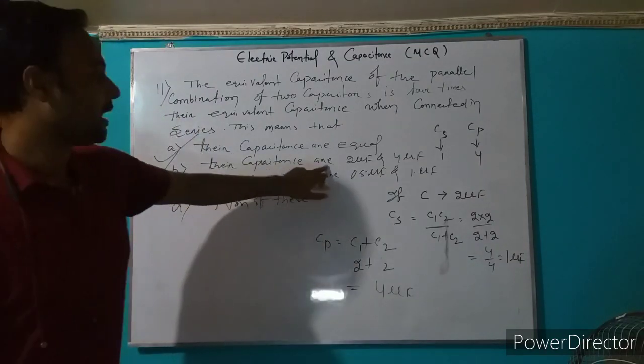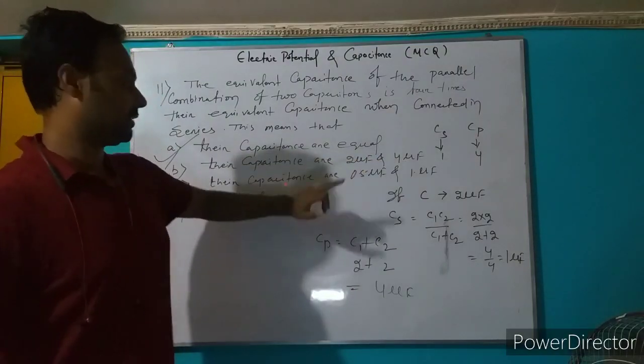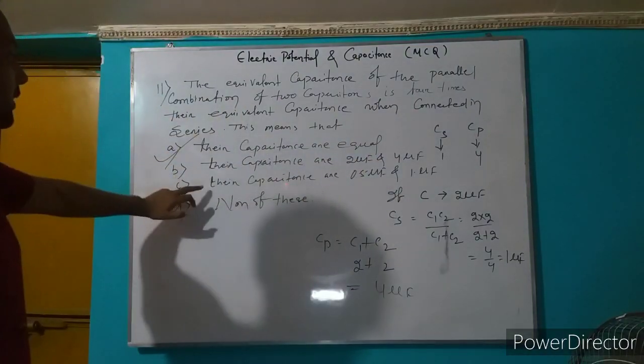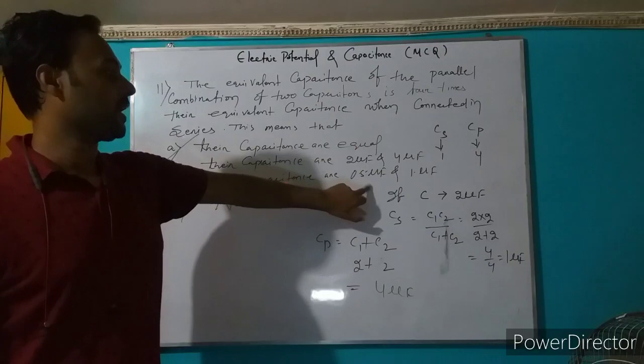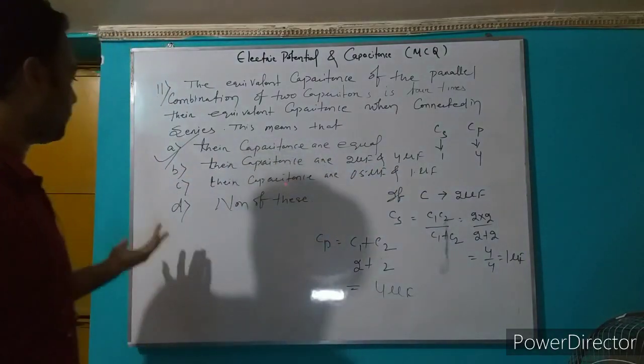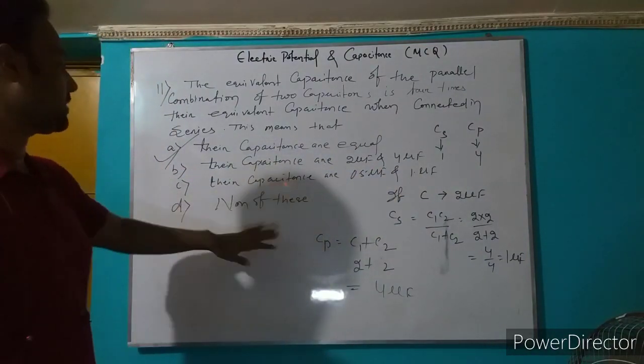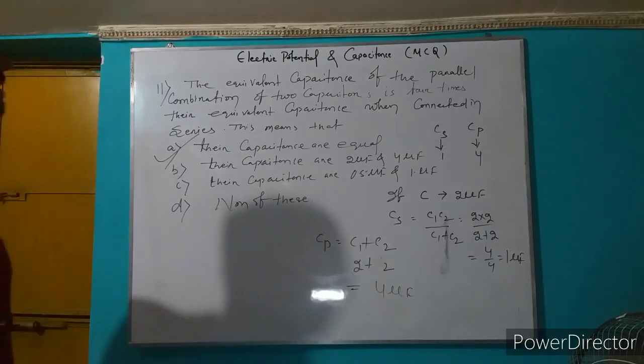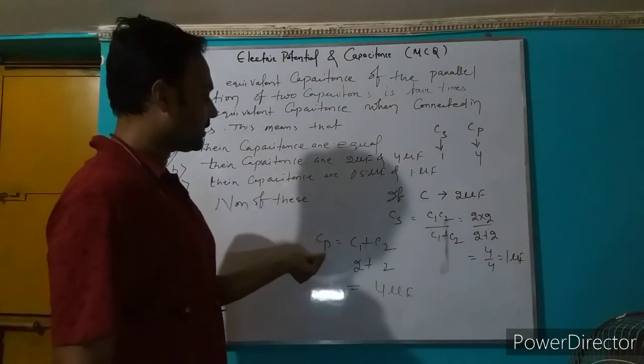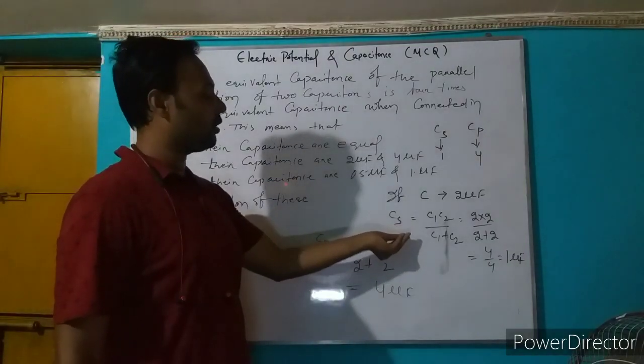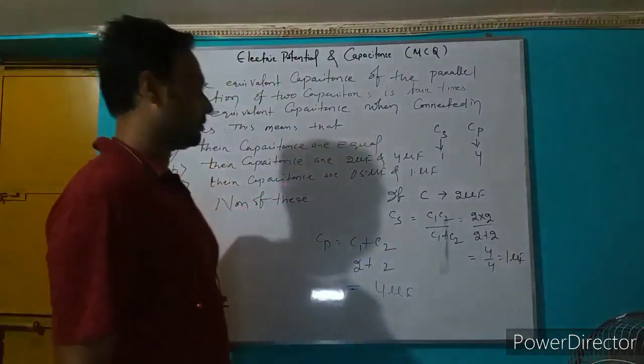Their capacitances are 2 microfarad and 4 microfarad, that cannot be a correct answer. Their capacitances are 0.5 microfarad and 1 microfarad, that is not correct. None of these is also not a correct answer.